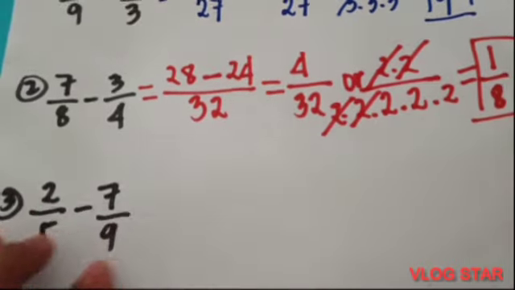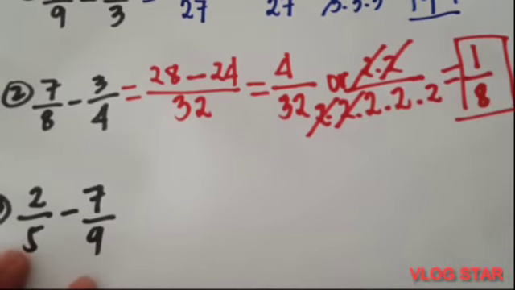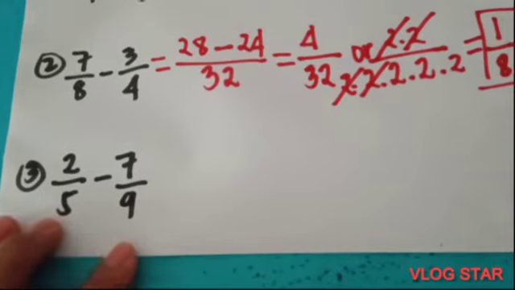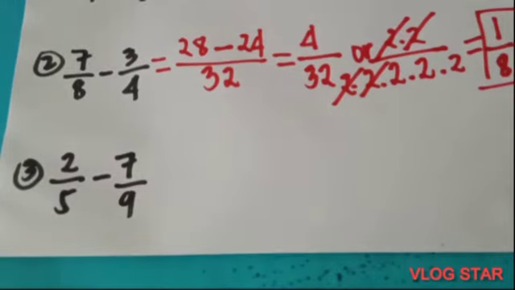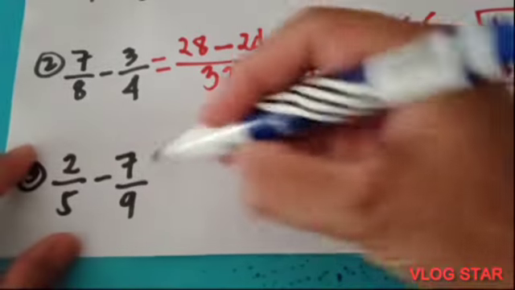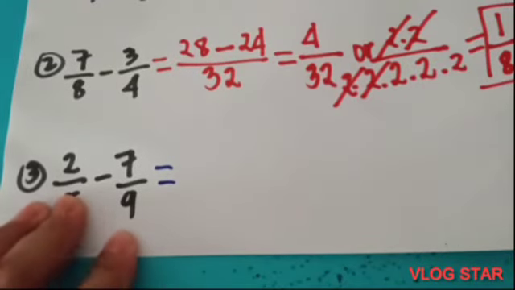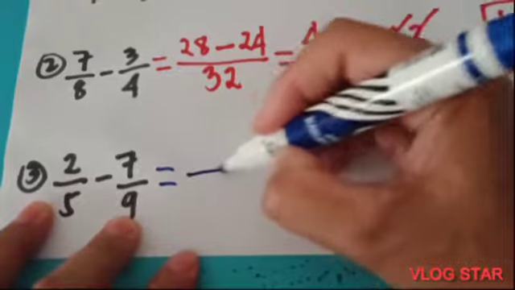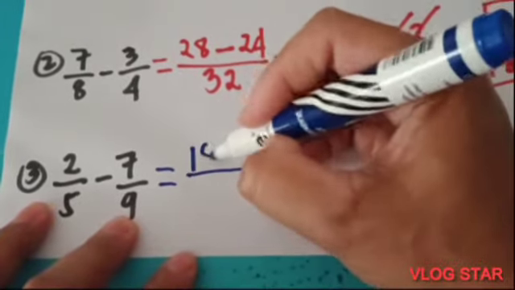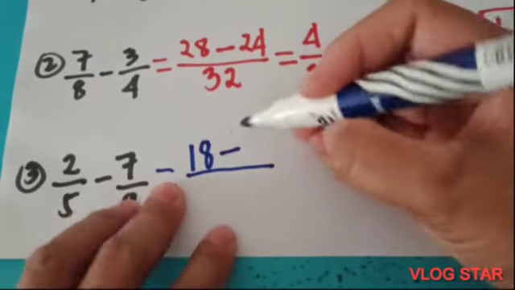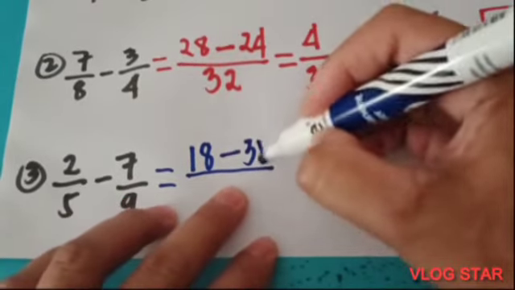So, let's take example number 3. So, example number 3, mayroon tayong 2/5 minus 7 over 9. So, cross multiplying, 2 times 9 is 18 minus 5 times 7 is 35.